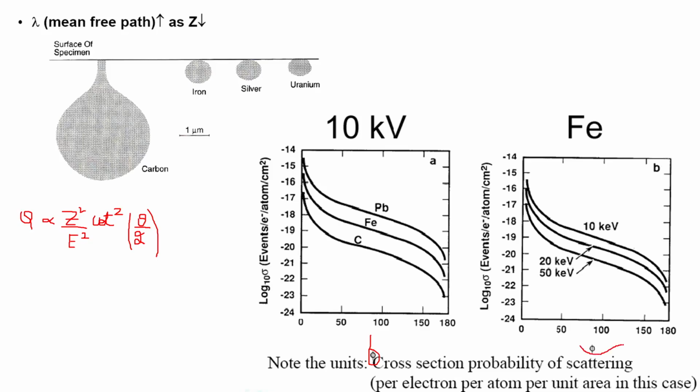Can you tell me the significance of the neck region and the remaining region? Why is the neck region there in the lower atomic number carbon, and not in the higher atomic number? According to me, there will be less repulsion, less interaction for the low atomic number. So electrons will first pass directly into the specimen, and after that will have interaction with it, so it will have this kind of interaction volume.